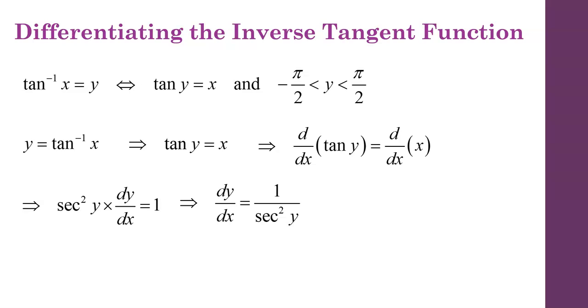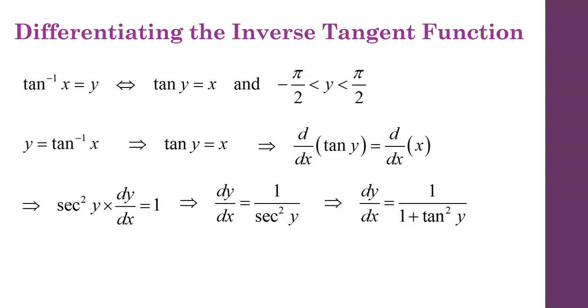And then I'm going to use a little bit of trigonometry. So secant squared has a trig identity. We know that 1 plus tangent squared is equal to secant squared. So I can replace the secant squared of y with 1 plus tangent squared. And the point of doing that is so I can get things back to be in terms of x.